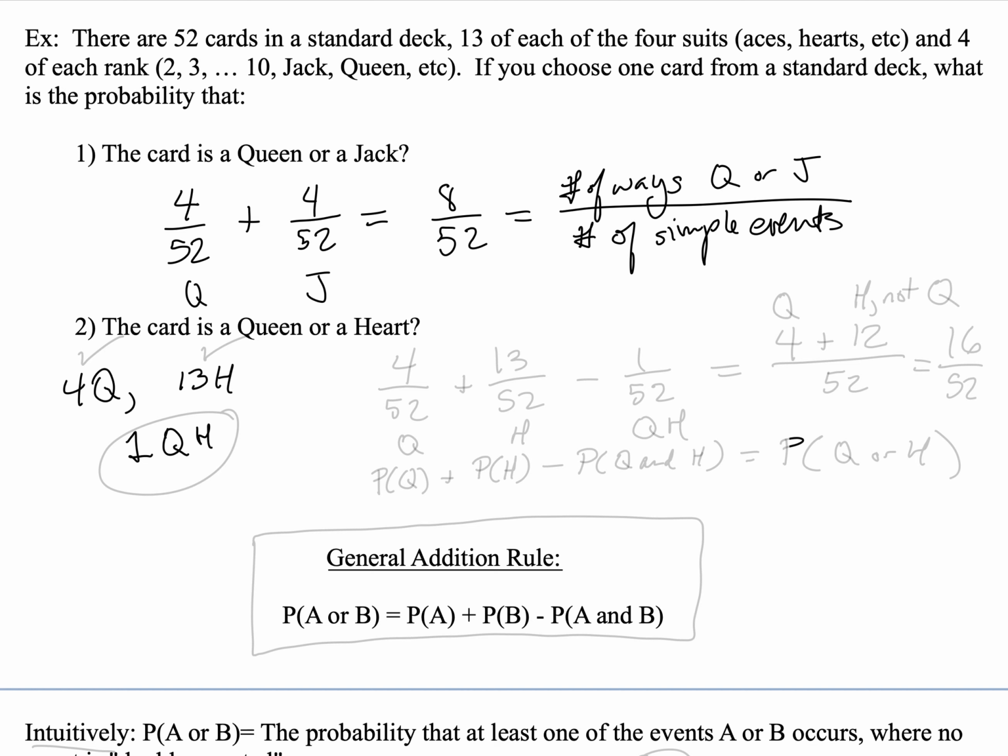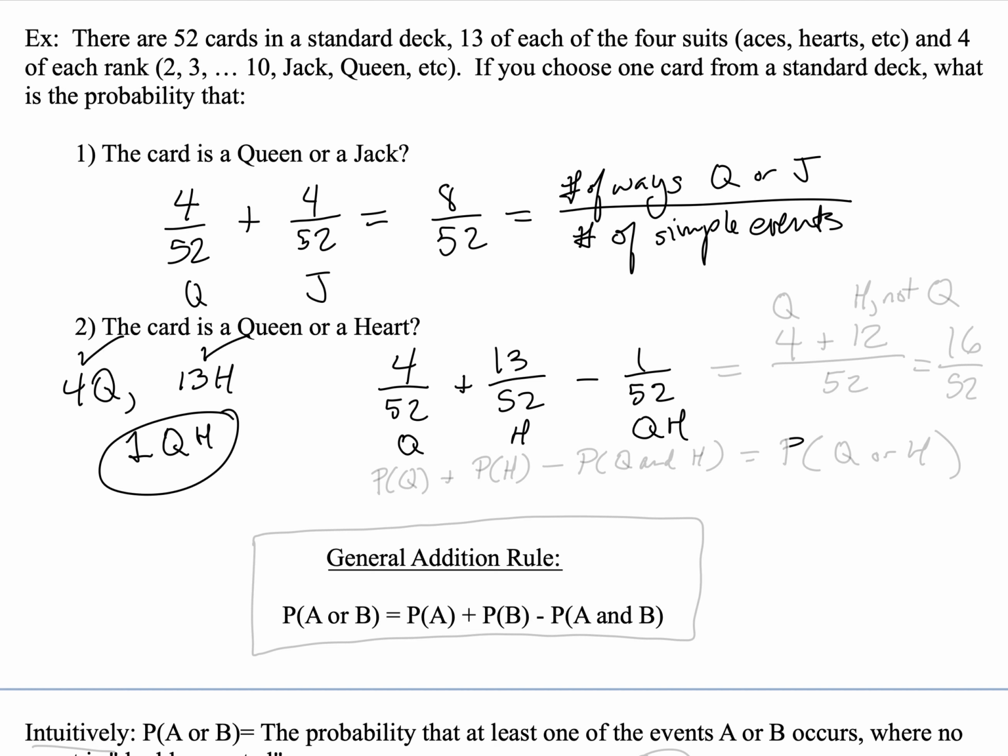So when we think about trying to use something like what we did above with addition, 4 out of 52 is the probability that it was a queen. 13 out of 52 is the probability that it was a heart. But we need to subtract off 1 out of 52. This is the queen of hearts, because this queen of hearts was counted twice. It was counted as being a queen and it was counted as being a heart.